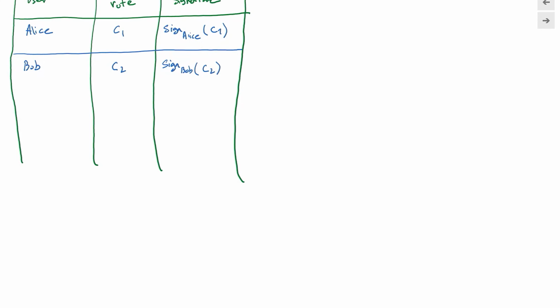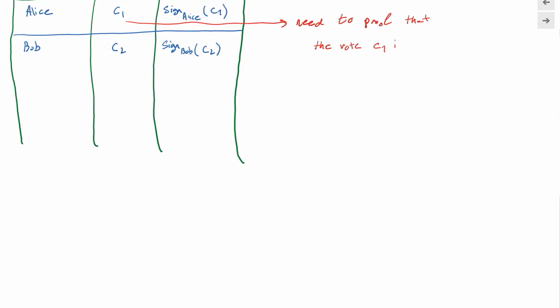So okay, cool. So far we have set up the system, people are casting their votes, but we need to have some requirement. Every time that somebody casts their vote, for example, Alice says this is my vote, we can't just accept her vote. We need to check and prove that the vote C1 is correct.